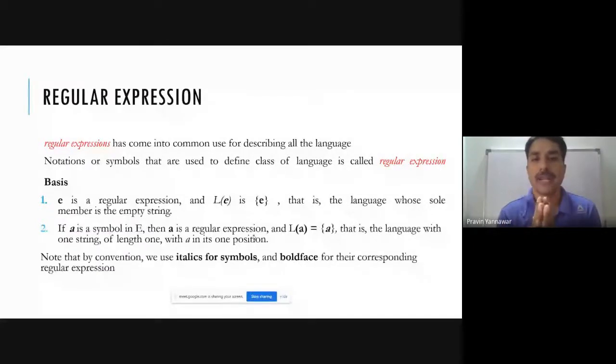And for every language you need to have symbols. Take a case: if you look at the English language, English has a set of alphabets. What is the significance of that set of alphabets? Only those letters are used for describing that language.